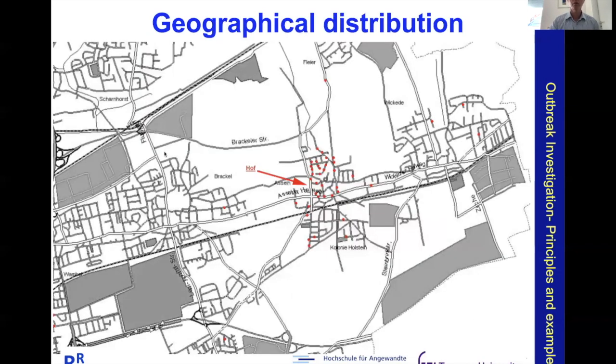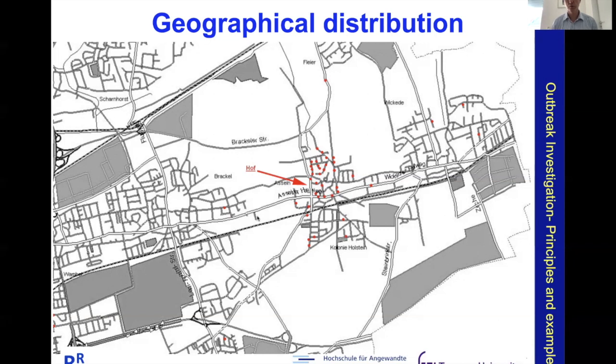Looking at the geographical spread here, the red dots on this map indicate locations where people lived who had Q fever during this outbreak. And we can see, looking at Jon Snow, somewhere maybe here in the middle, there might be a source, or at least somewhere related to this area.